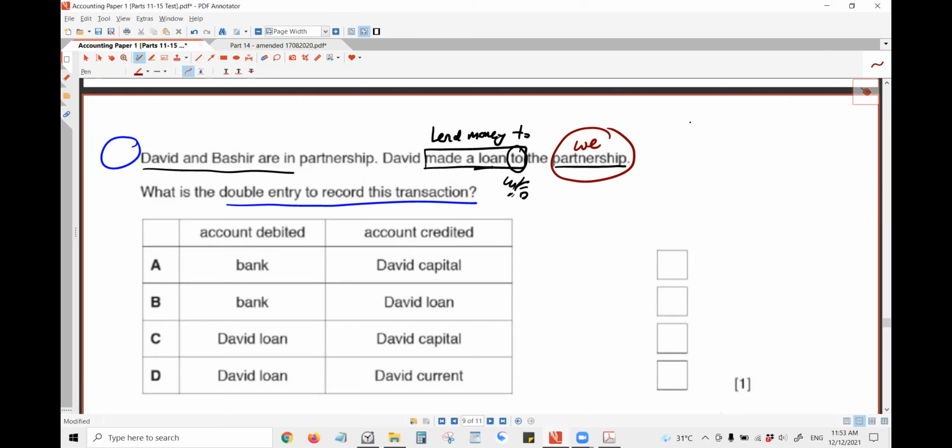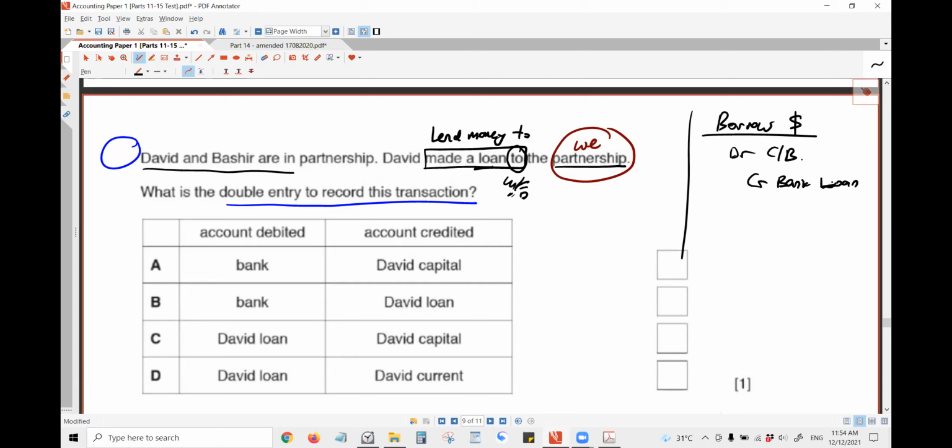When you borrow money, you debit either cash or bank, right? Maybe I give you some examples. Whenever we borrow money, we debit either cash or bank, depending on whether we get the borrowing in the form of cash or check. Then you credit, let's say you borrow from the bank, bank loan.